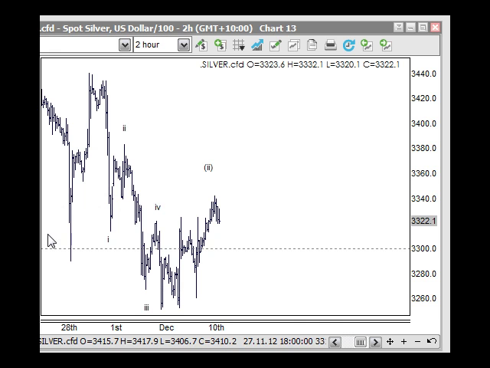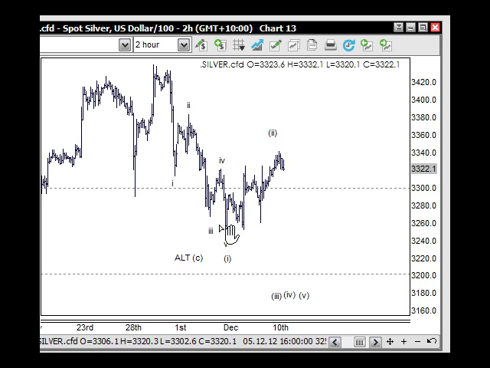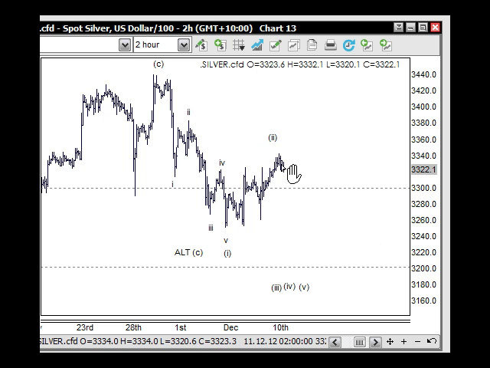The silver market is much the same as well. We're considering this being a corrective move up here, the same with gold as well. Don't worry about the wave counts too much, but any sort of weakness in this area here, which is starting to show now, then start looking for short positions. But normally you wouldn't short being above the 33.